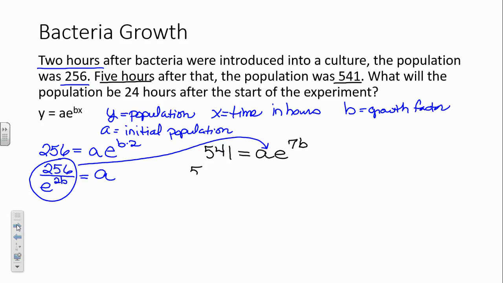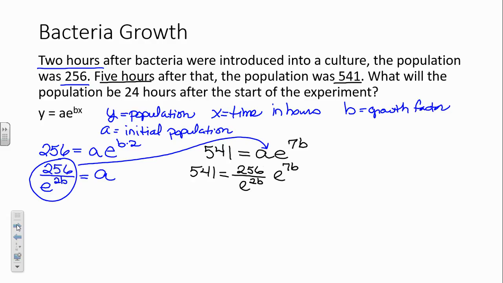So 541 equals my 256 over e to the 2b times e to the 7b. I have e to the 7b over e to the 2b.